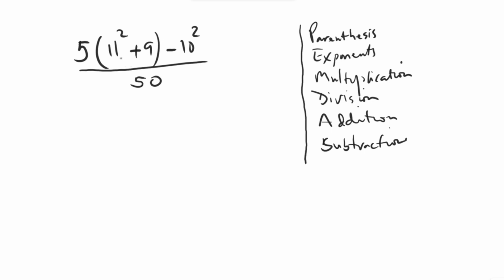So we get this one here, parentheses. We're going to take care of this one first. But remember, whatever we have in parentheses here, we need to take care of it to be able to do that parentheses. We cannot do 11 square plus 9 readily. So we need to take care of the exponent first inside of the parentheses, okay? So I'm going to rewrite the same 5 here.